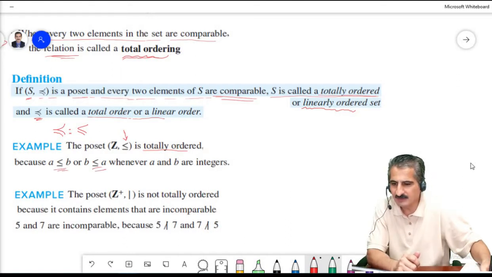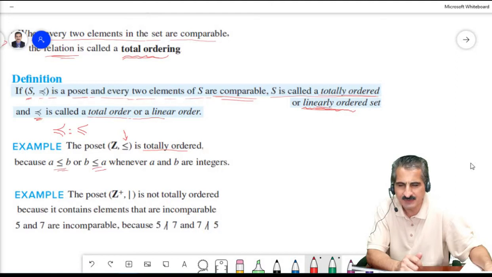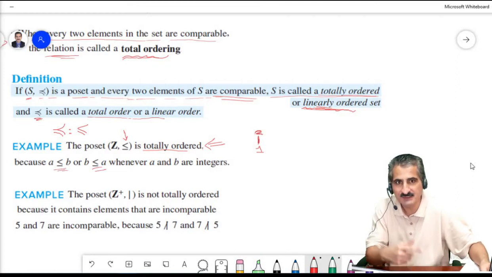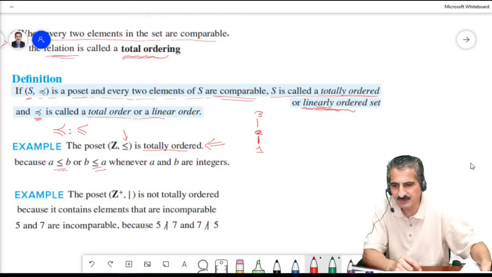Now let's see why we call it linear ordering. We can demonstrate the relation in this example. Look, we can say 1 is less than 2, so I can make this line here representing that 1 is related to 2, and 1 is less than or equal to 2, less than or equal to 3, 3 is less than or equal to 4, 4 is less than or equal to 5, and so on.